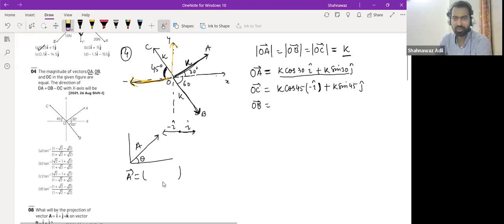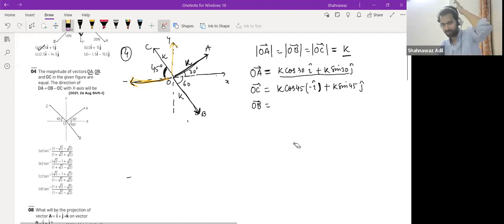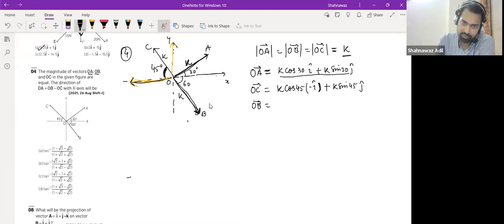First try and then tell. What is the magnitude of OB? Magnitude is K, right?